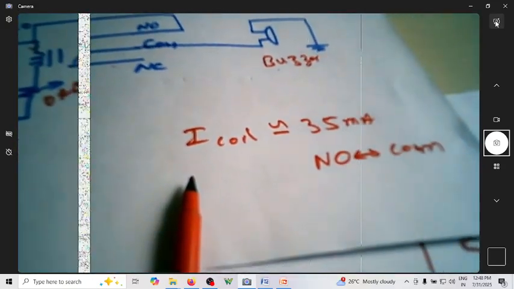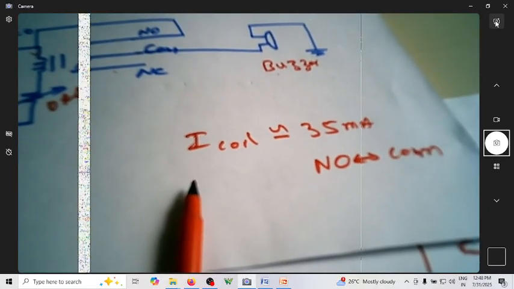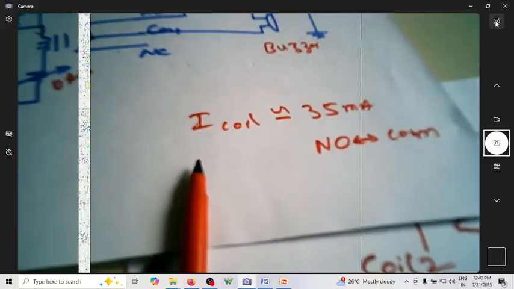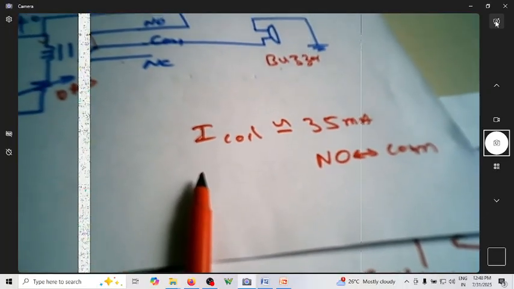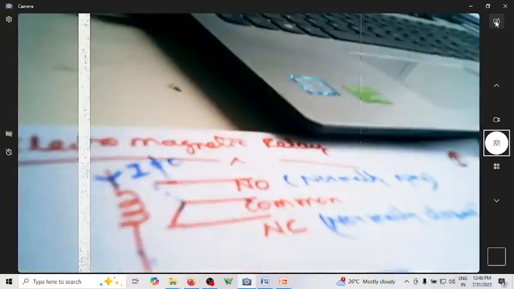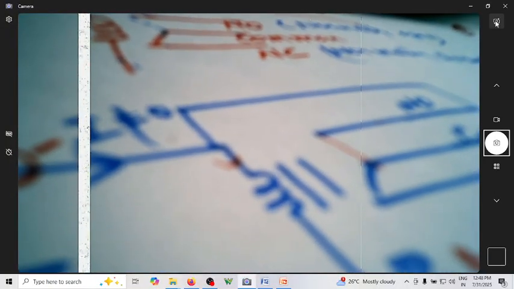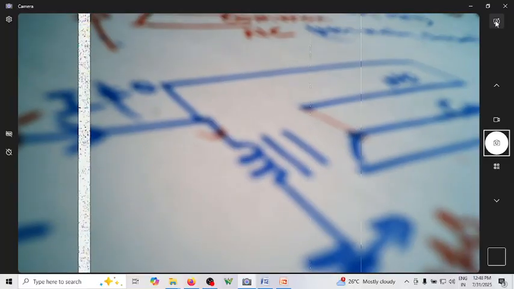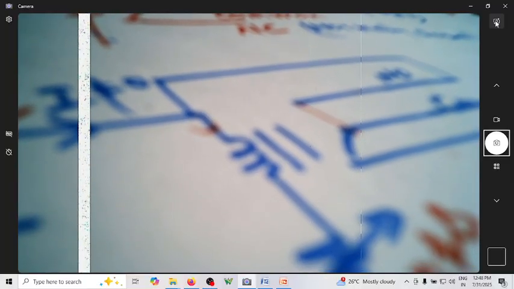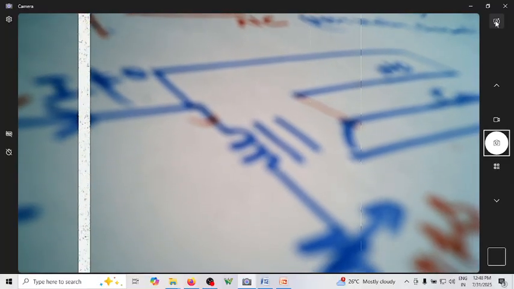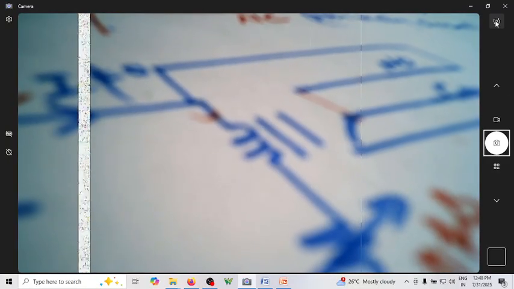The summary is the current through the coil should be approximately 35 milliamperes so that NO is connected to common. If I coil is less than 35 milliamperes, then common is connected to normally closed.